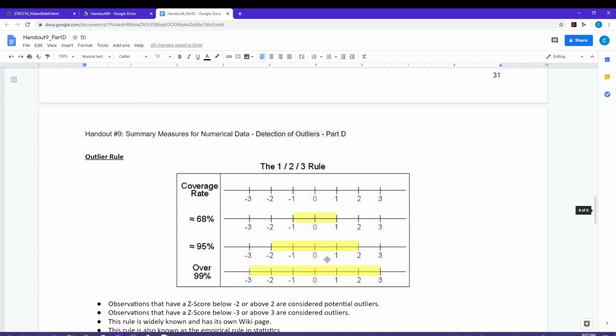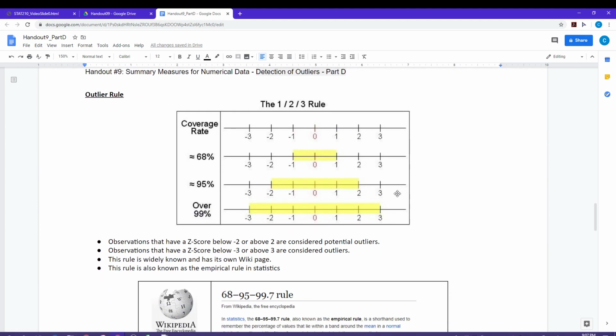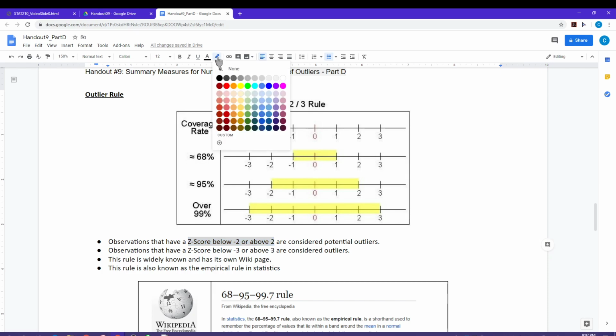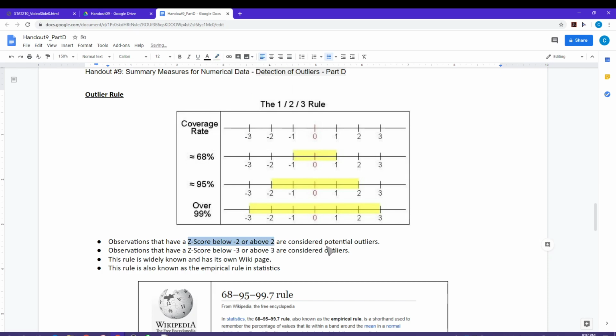How do I get those in JMP? Oh, excuse me. The outlier rule. So how do I actually use the outlier rule? Well, if my z-score is below -2 or above 2, then I have potential outliers, is the language we usually use there.